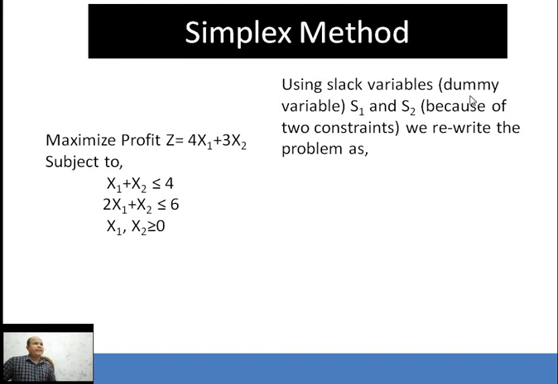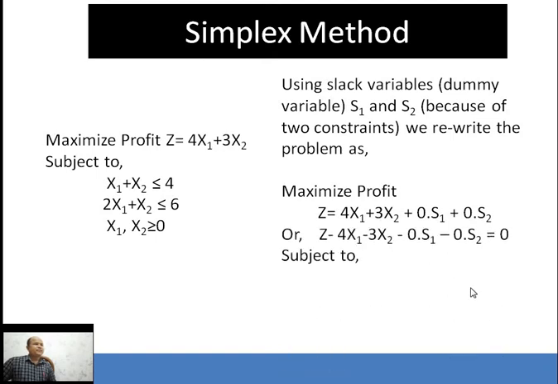Using slack variables, also called dummy variables, s1 and s2, we rewrite the problem as: maximize profit z equal to 4x1 plus 3x2 plus 0 multiplied by s1 plus 0 multiplied by s2, subject to x1 plus x2 plus s1 equal to 4, 2x1 plus x2 plus s2 equal to 6, x1, x2 greater than or equal to 0.